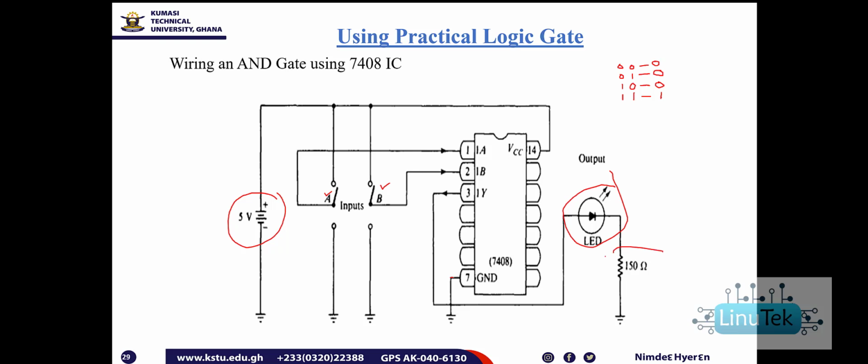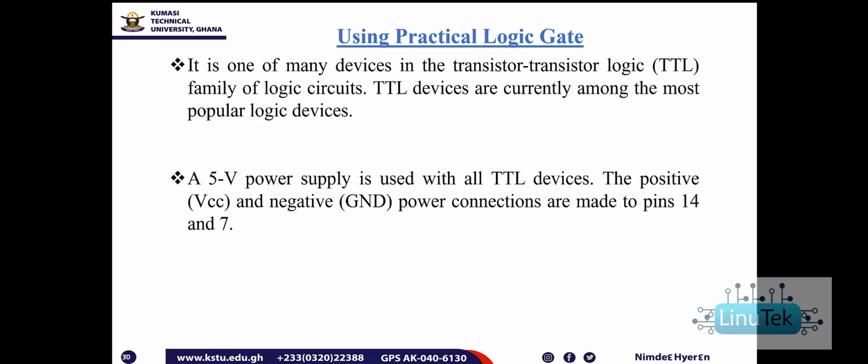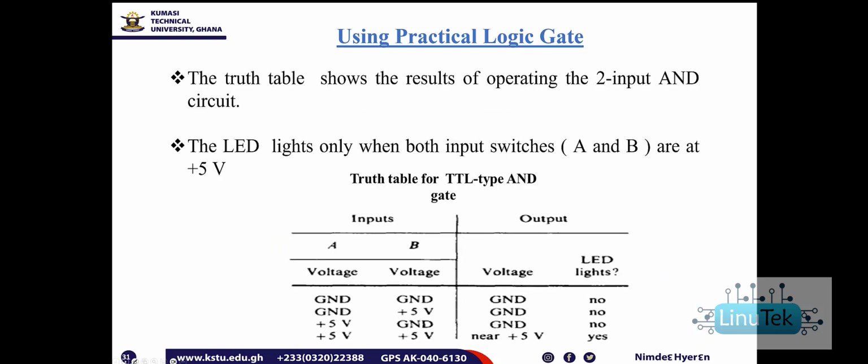Now, this resistor you find here is basically just to help ensure that the proper voltage is applied to the LED. So all this is what I have just explained. You have input A and B. Ground is basically when the switches are all off.